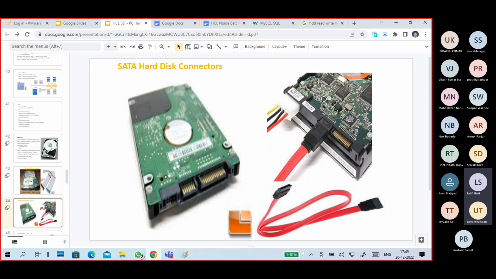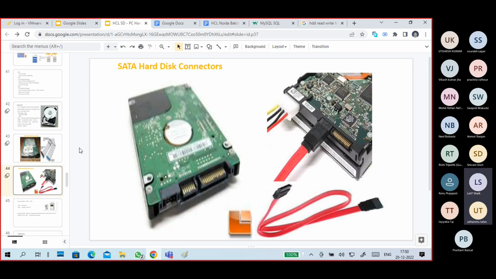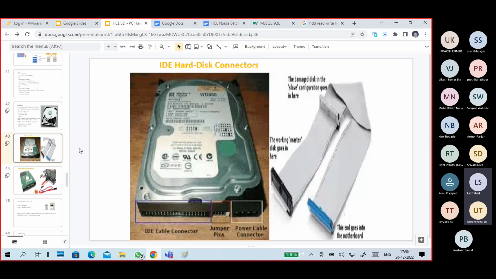Some old SATA hard disks have this Molex connector, white connectors. On any new SATA hard disk or SATA SSD, this is for data and this is for power connector. Okay, so these are about how a hard disk looks.